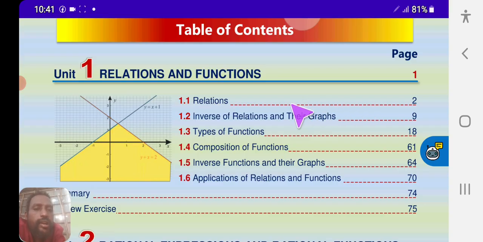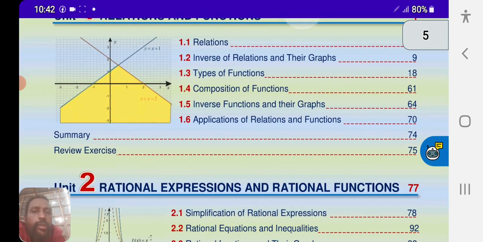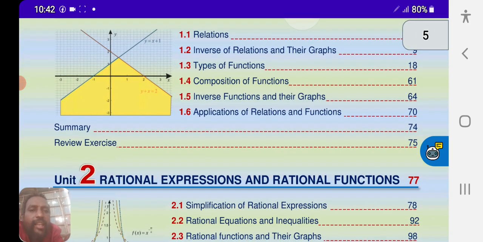Also, we will learn about types of functions, composition of functions, inverse functions and their graphs, and applications of relations and functions. Finally, we must summarize it, and we will do a review exercise. Okay, this is unit 1.